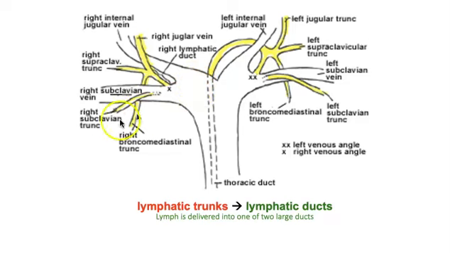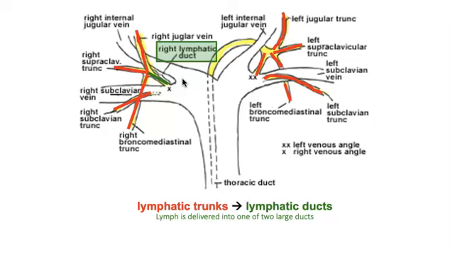So here we see all of the trunks draining into the right lymphatic duct, and you could see that duct draining into the junction where we have that right subclavian vein and the right internal jugular vein. So just to highlight some of those trunks there for you, there's my right lymphatic duct, and we see it at the junction there.